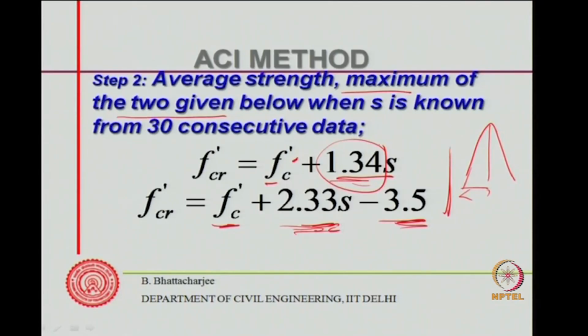That means only 5% would be showing strength less than this. Here this value is somewhat different, because it is not 5%, and this minimum strength is stated to be this. So, minimum strength plus 2.33 S should be the average strength. This is again with certain confidence limit.